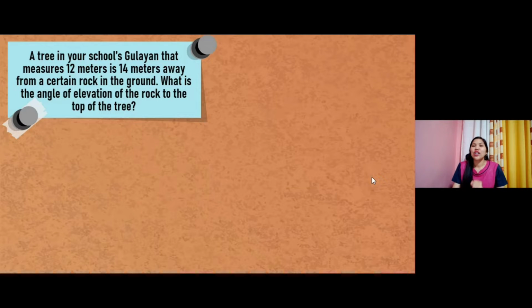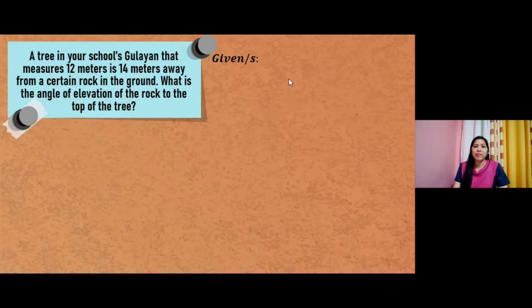All right, so if you're given with a word problem, the first thing that you're going to do is, of course, to read and understand the problem. After that, you are now going to identify what are the given condition or conditions and what you're looking for. So let's identify the given condition or conditions.